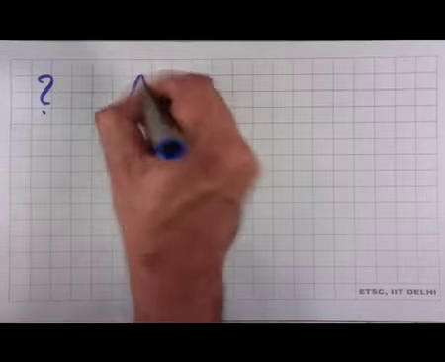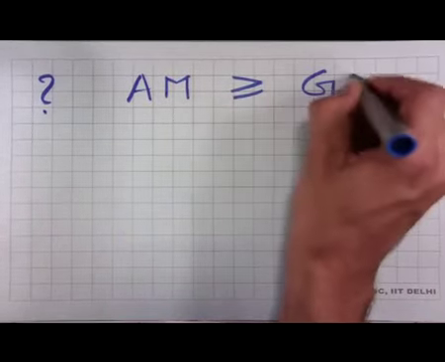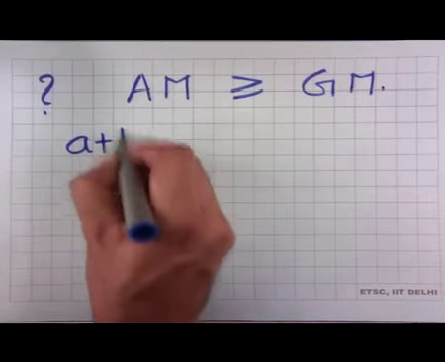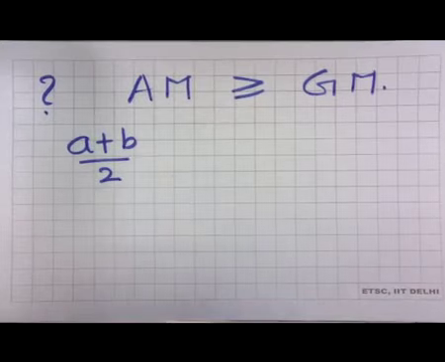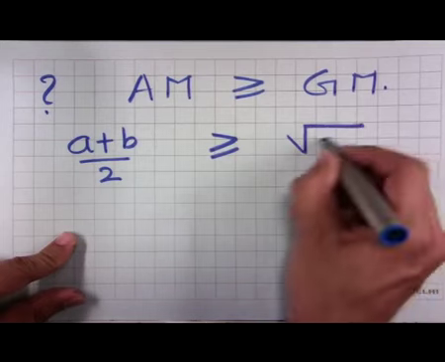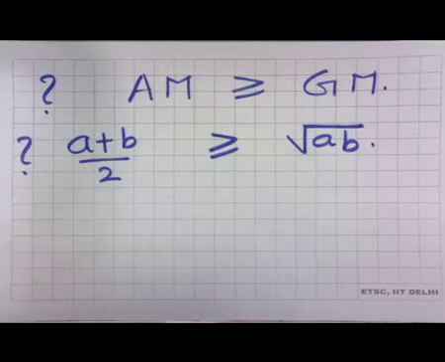That is, we would like to know whether (A plus B) by 2 is greater than or equal to root AB.